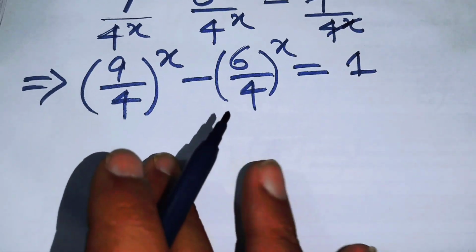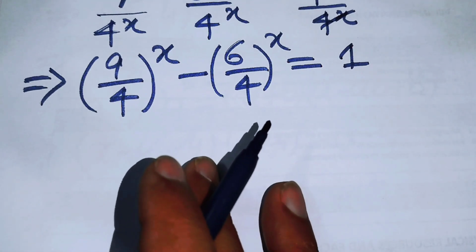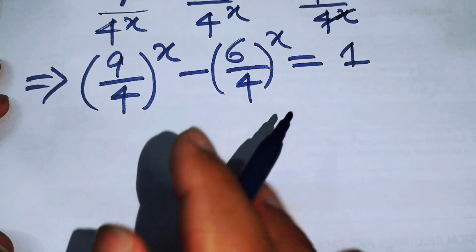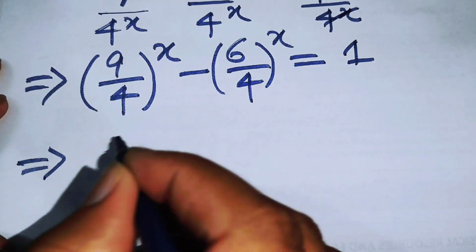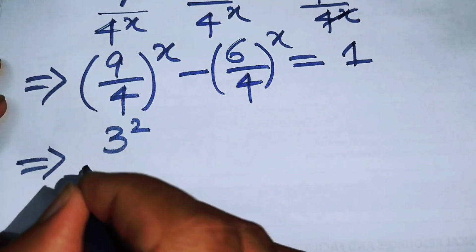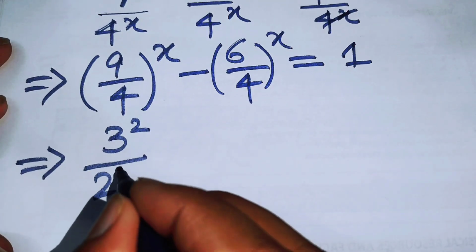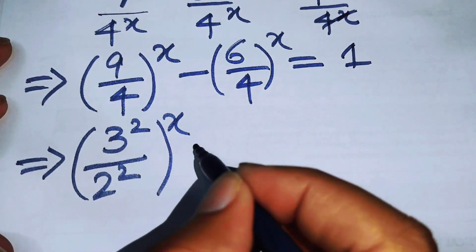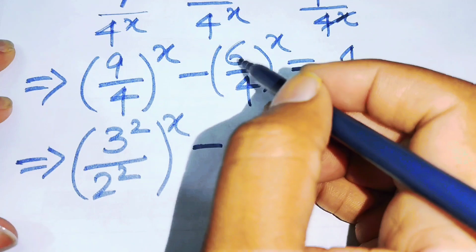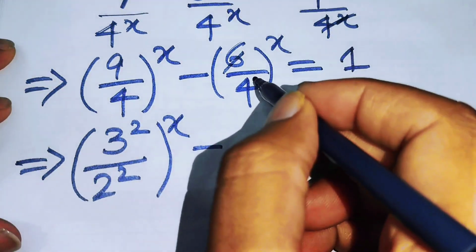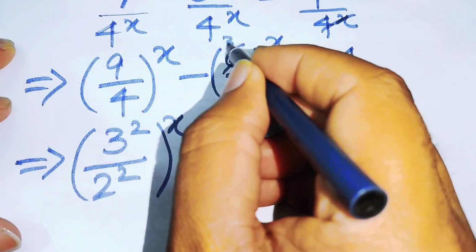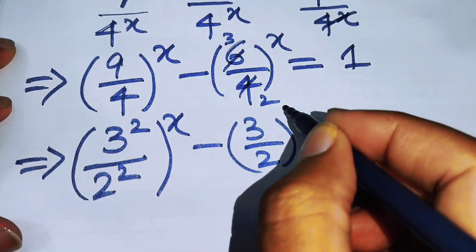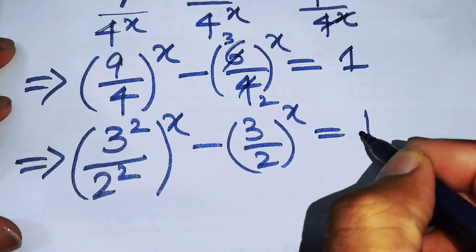After that we will rewrite the term: we can write 9 as 3 square and 4 as 2 square, and its whole power x minus, here you cancel out these two terms, so 2 2s are 4 and 2 3s are 6, so you get 3 over 2 to the power of x is equal to 1.